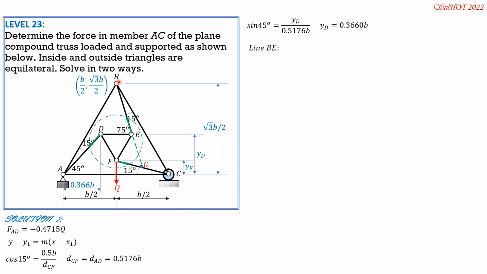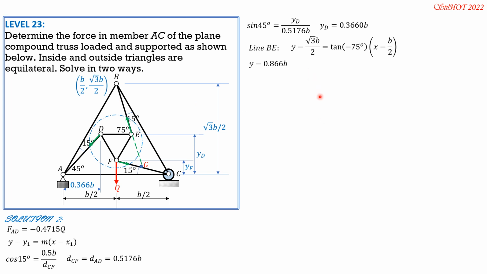So we now find the equation of line BE. Again, we use square root of 3 over 2 as Y1 and B over 2 as X1. So Y minus square root of 3 over 2B equals tangent of negative 75 degrees or tangent of 105, it's up to you, X minus B over 2.